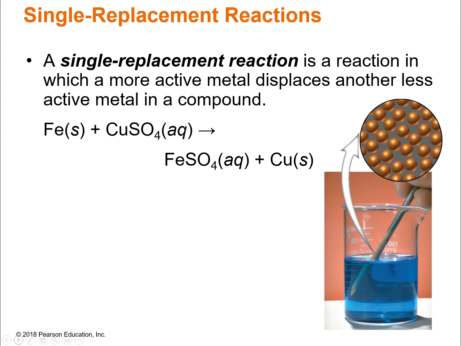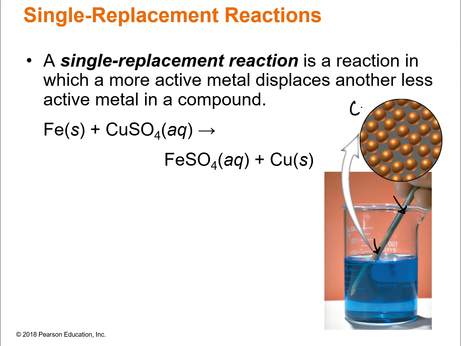Third type is single replacement reactions. You have a more active metal displacing a less active metal in a compound. Our example here, we've got iron solid that's being added to a solution of copper(II) sulfate. The iron is this rod here, and it's got that shiny gray. But on the bottom of it, you see brown.